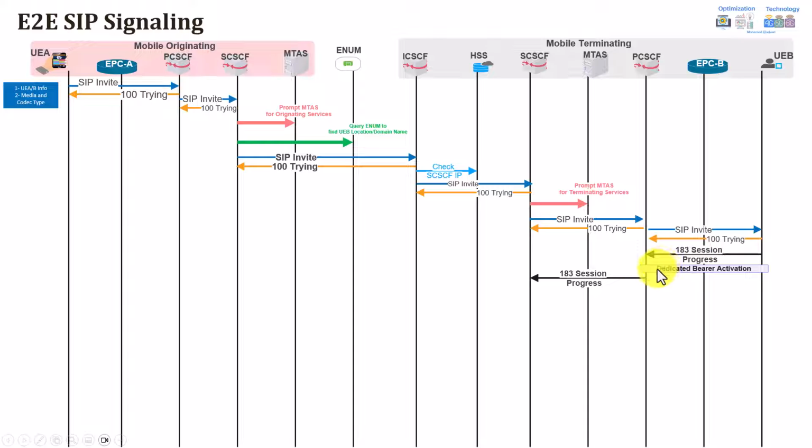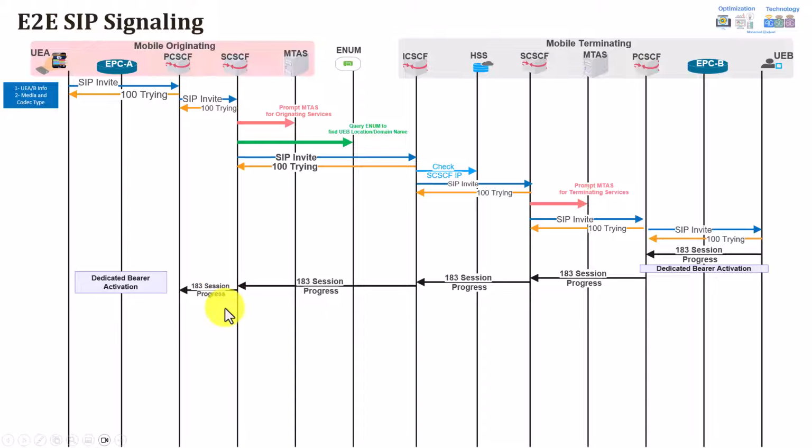Once the dedicated bearer is activated, the proxy will start forwarding the same message following the same sequence explained before, from the SCSCF to the ICSCF, and then again through the same process until it reaches the proxy for the mobile originating.